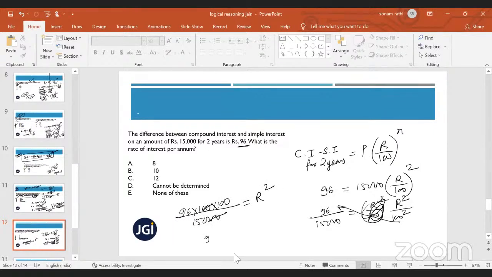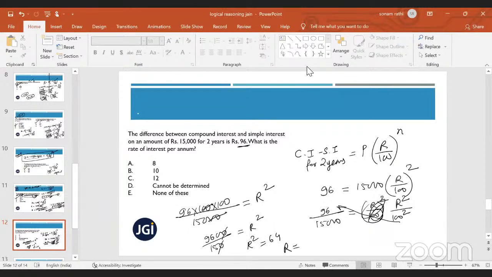00 cancel. 9600 divided by 150. R square is 960 by 15. 64. Correct. So R square is equal to 64.